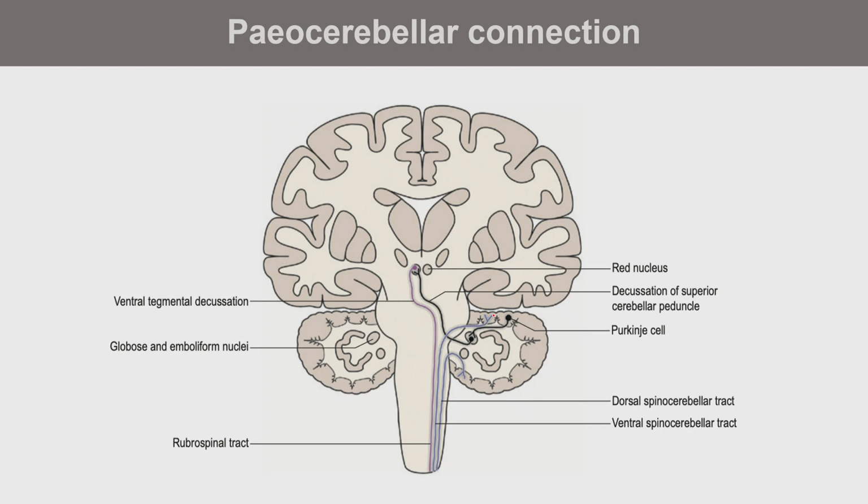The spinocerebellum also has Purkinje cells, but in the more medial part, and then they are relayed through the underlying globose and emboliform nuclei in the paleocerebellum, and through the paleocerebellum back to the red nucleus. So there is a control. The paleocerebellum has no connections to the neocortex of the telencephalon.